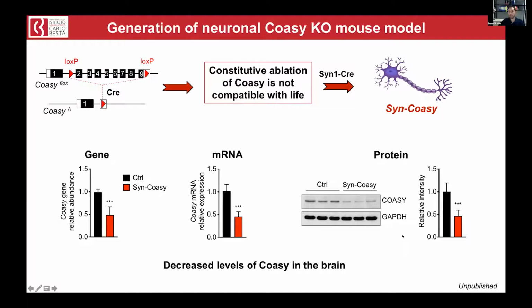So it is important to keep in mind for the rest of the presentation that only the neurons lack COASY, but the other cellular lines, such as the glia, the astrocytes, the oligodendrocytes, etc., possess a normal COASY gene.